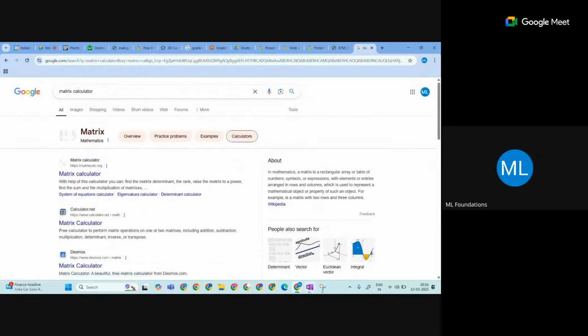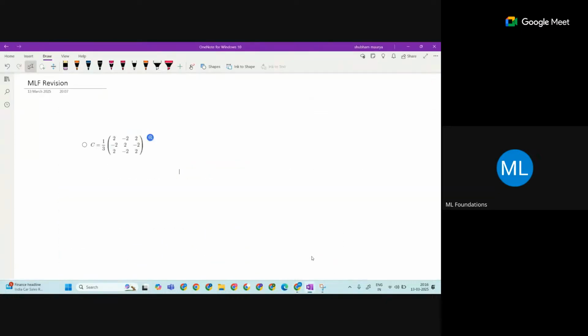Otherwise let's do it by hand. What are the eigenvalues we have for this matrix? All of you have tried it, no? I think we got one eigenvalue as 1 by root 3. Sir, could you please calculate?